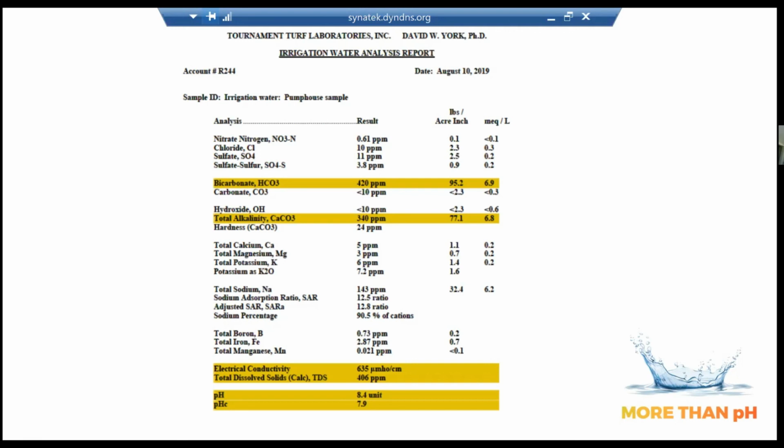His alkalinity is down. It's still not great, but it's down into the 120 range, I believe. I wanted to highlight this just because this is extreme. I'm sure you guys don't have all of this. Some of you might have a high pH, you might have a high bicarb. He's got everything.